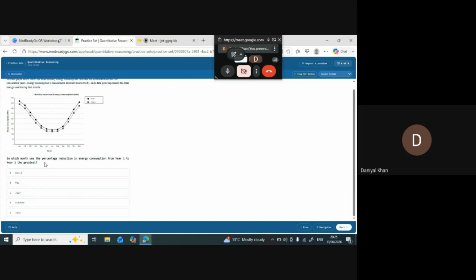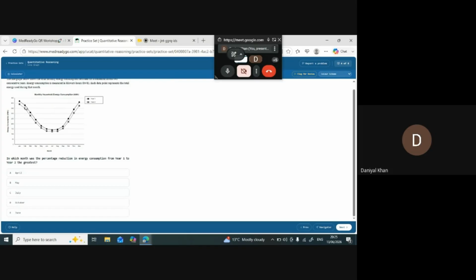Okay, in which month was the percentage reduction in energy consumption from year 1 to year 2 the greatest? So what you have to do for this question is put the values over each other and see which one's the greatest reduction. I'm just going to go purely off by my eye and see which one I think it is. And I do believe it would be November or December. Nope, that's not even an option.